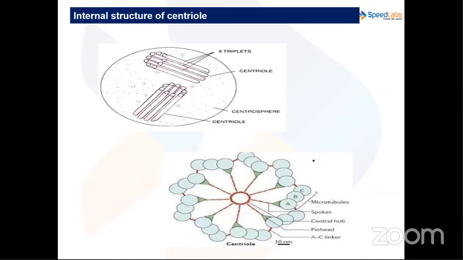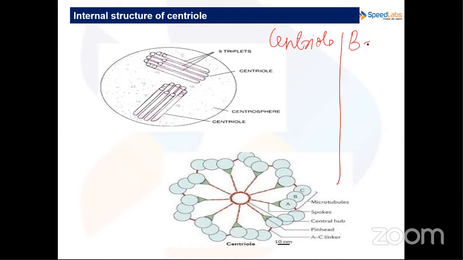Before that, you should know what is a centriole, what is a basal granule. Now centriole, as you know, popularly it is present in the animal cells. And what is the position of the centriole? Always we do the comparison between centriole and basal granule.